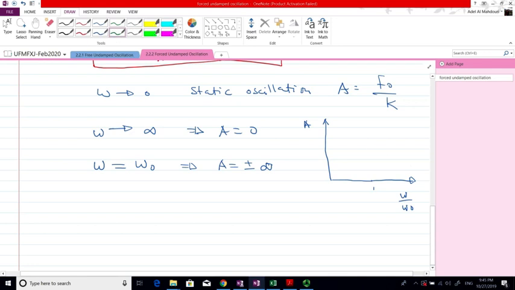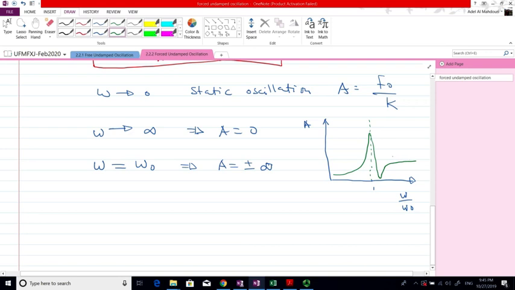At this point, it will come up, then down, which is the maximum, then again back to normal.